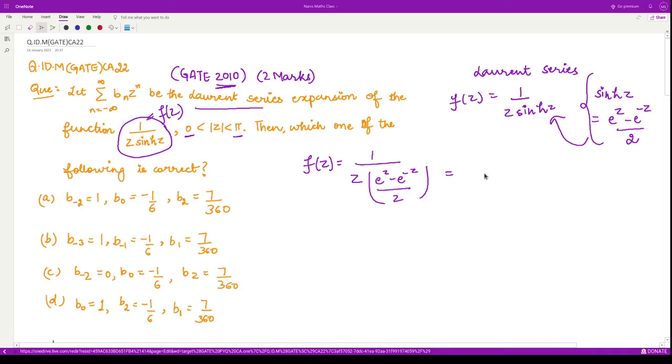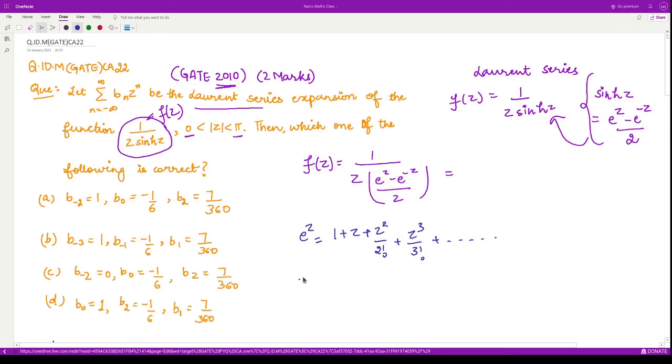So what do we get? We know the expansion for e to the power z: that is basically 1 plus z plus z square by 2 factorial plus z cube by 3 factorial and so on.